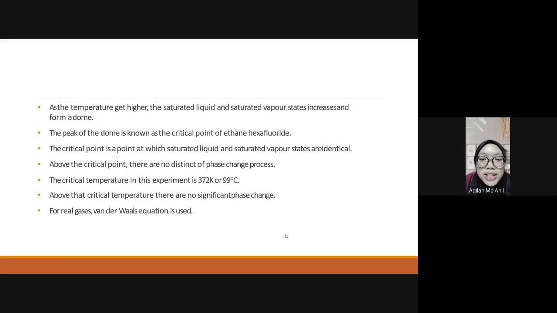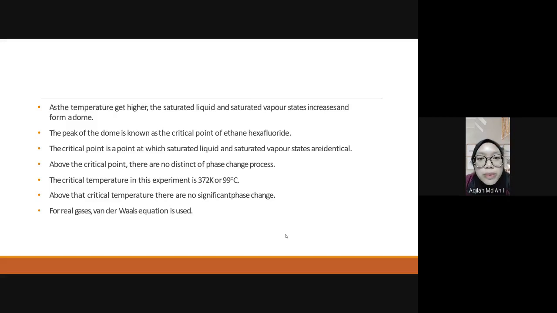As the temperature gets higher, the saturated liquid and saturated vapor states increase and form a dome-shaped region in the graph. The peak of the region is known as the critical point. The critical point is a point at which saturated liquid and saturated vapor states are identical.